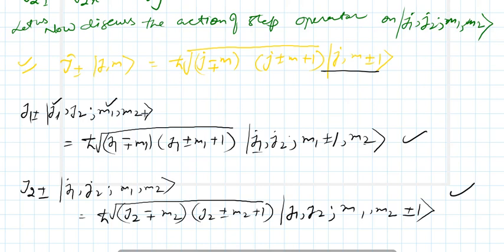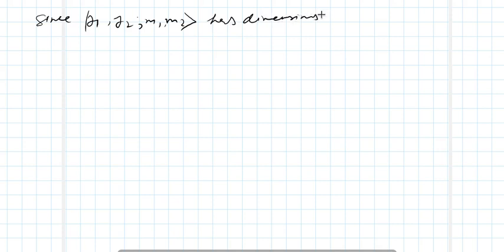Now, since |J1 J2 M1 M2> has dimensions (2j1 plus 1) into (2j2 plus 1), these are the dimensions of this.